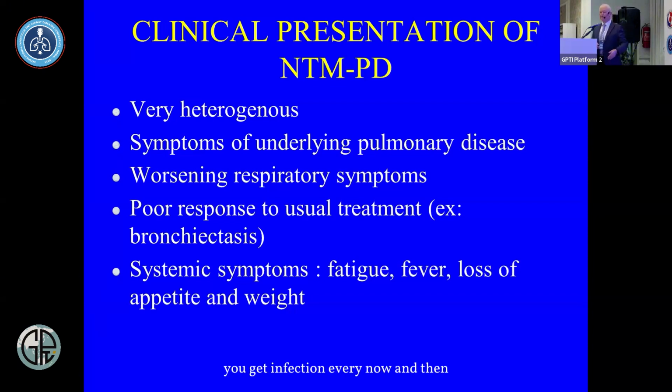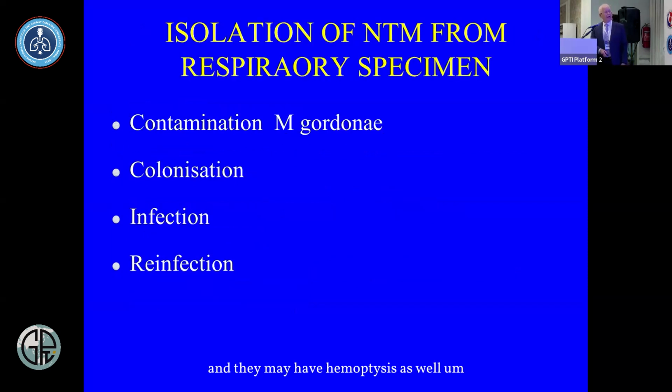You get infection every now and then, and all of a sudden that person is producing more sputum. You treat them, and they have poor response to the usual treatment. You have to think carefully whether there is another factor, and it could be an NTM infection. Systemic symptoms like fatigue, fever, loss of appetite, and loss of weight are very important in this group, and they may have hemoptysis as well.